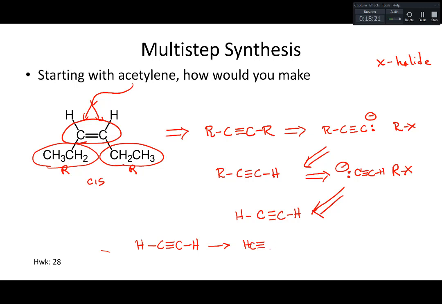And then we're going to add RX to it. Go ahead and work it out in the forward direction. Basically, you're going to follow this backwards through this pathway and write it all out. And then once you have all the steps, you can start with the acetylene and the arrow and the 1 and that kind of stuff and write it all out that way as well.